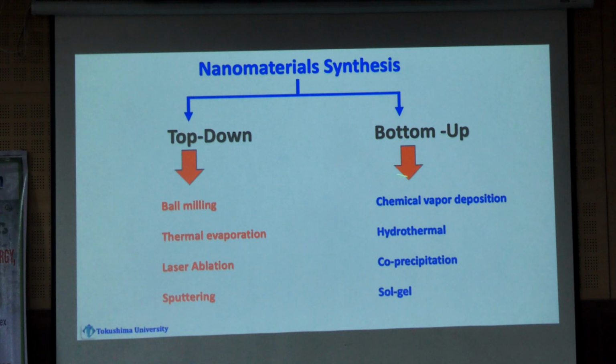And in bottom up, chemical vapor deposition, hydrothermal, co-precipitation, and sol gel. These are widely used, or many researchers use these methods. I hope you might use one of the methods. Of course, if you are using a different method, that method is also okay.